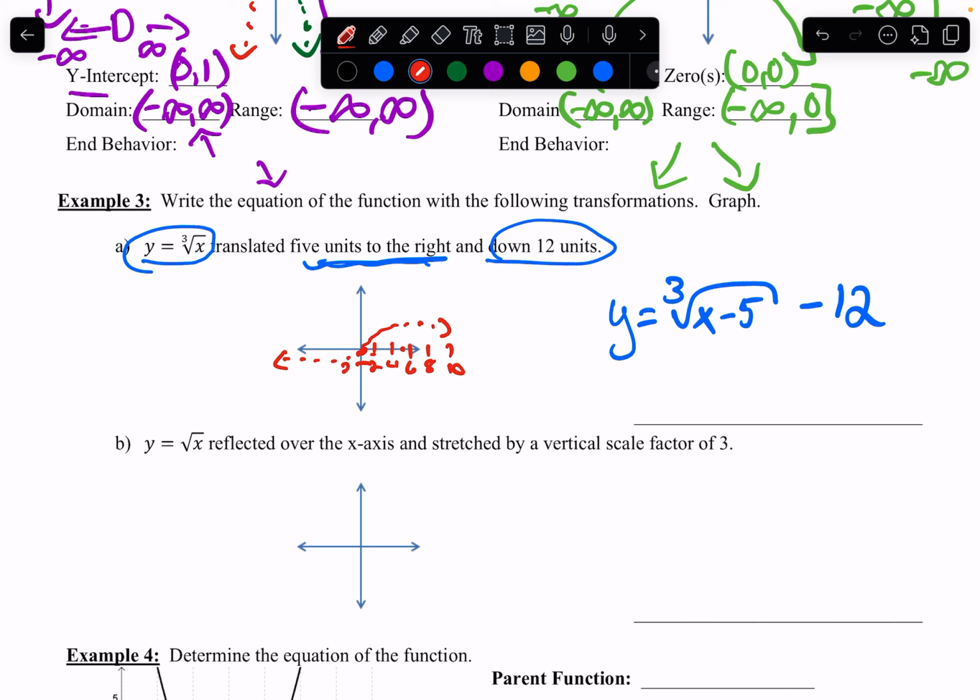And then 12 down. 2, 4, 6, 8, 10, 12. So 5 and 12 are over here. So this is going to be interesting. Something like this. It should be going a little bit farther down on the left side, but that's about what it should look like.